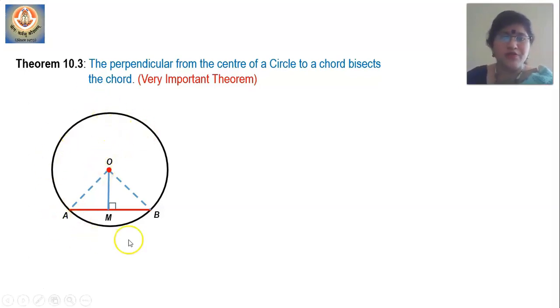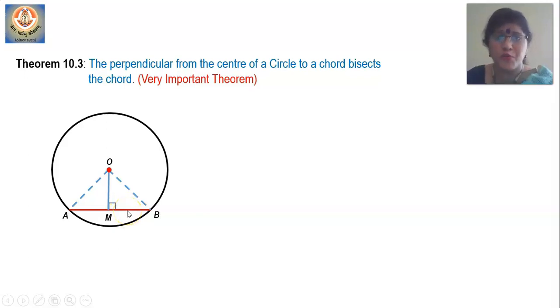So, you need to draw a circle and take one chord AB. The perpendicular from the center of the circle, that means this O is the center of the circle. I am drawing a perpendicular line OM to this chord AB. And what does this perpendicular line do? It bisects this chord AB. When you bisect this chord AB, it means AM is congruent to BM.